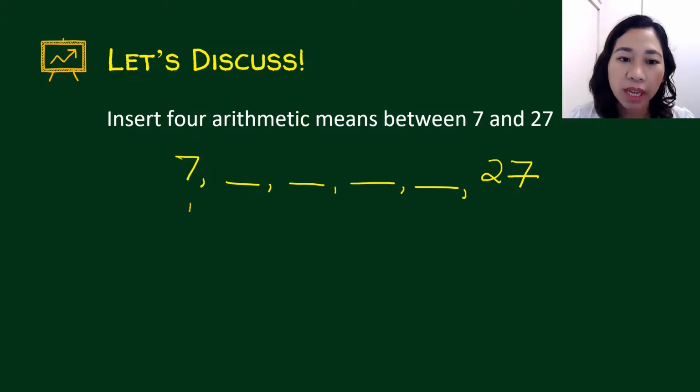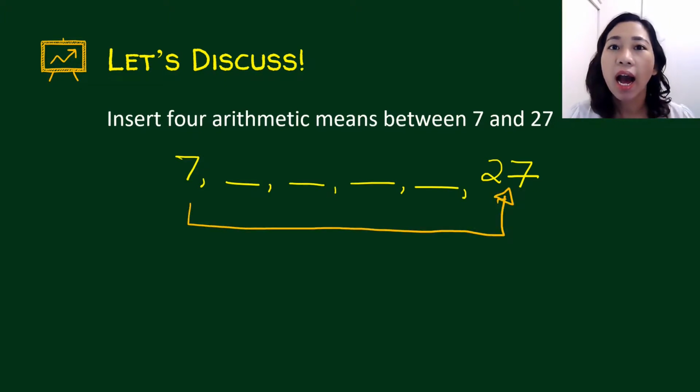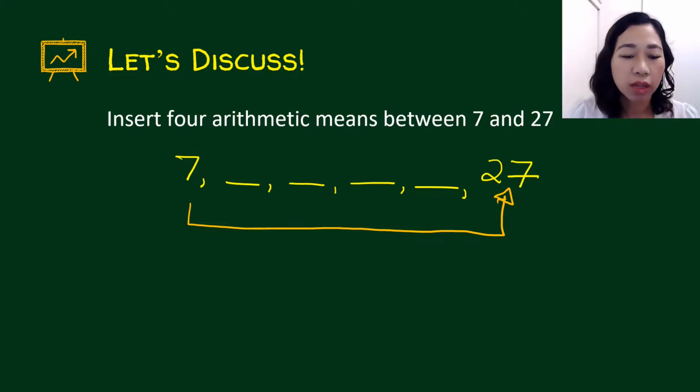Okay, so from 7 going to 27, how many jumps do we need? How many jumps is that? We have 1, 2, 3, 4, 5. Correct? So, we need to jump 5 times. By how much? D times, right?